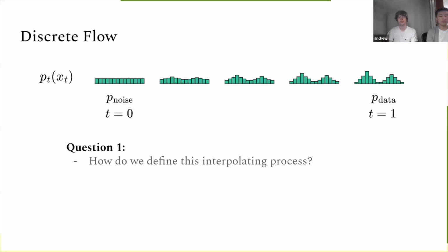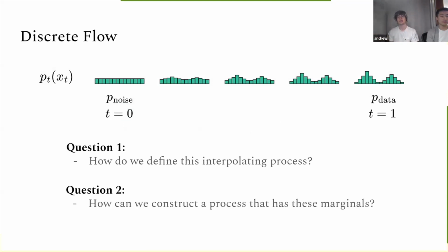So the first question is, how are we actually going to define this interpolating process that starts at noise and then goes to the data distribution? And the second question is, once we have defined our desired flow in that probability space, how do we then make a stochastic process that we can simulate to actually do generative modeling, along the process that has those desired marginal distributions?